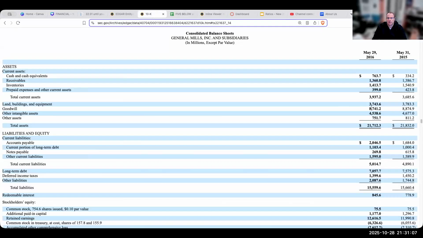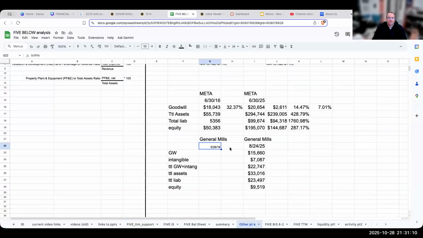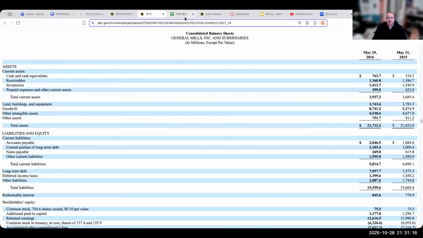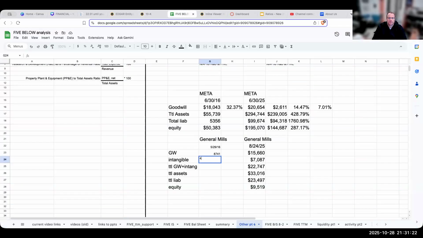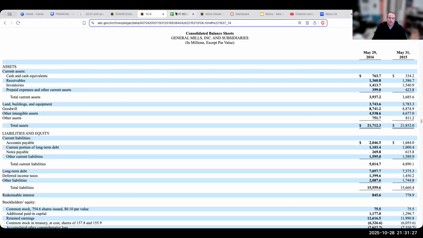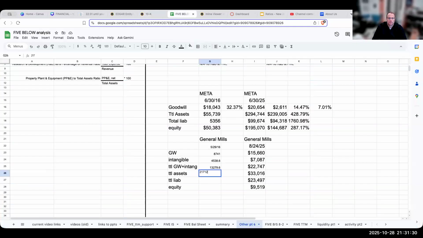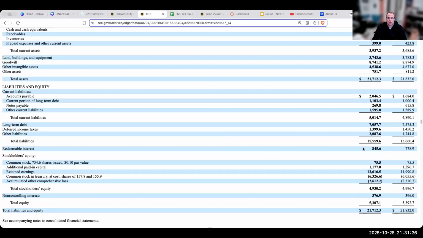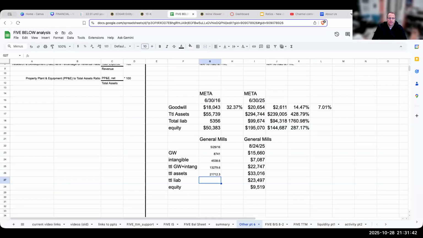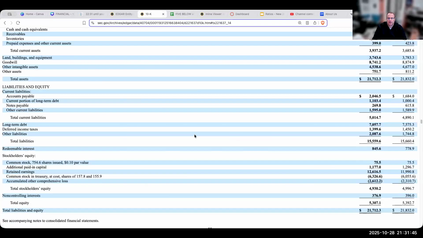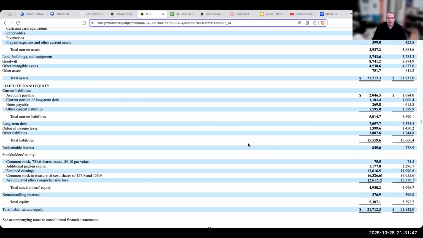Okay. So we've got goodwill of 8,741. We've got intangible assets of 4538.6. We've got total assets of 21,712. We've got liabilities of 15,559.6. And we've got equity over here of 5307.